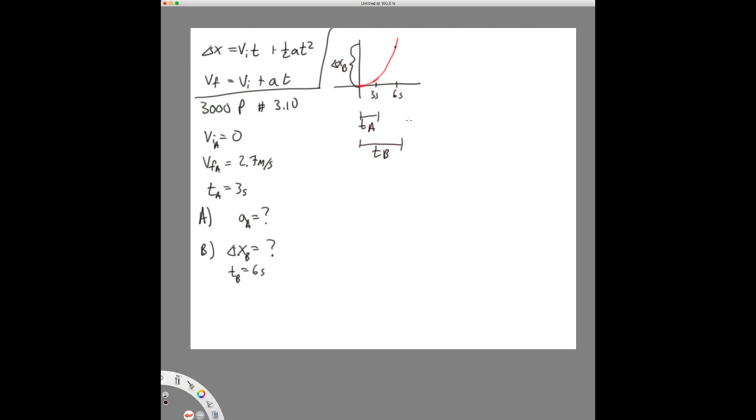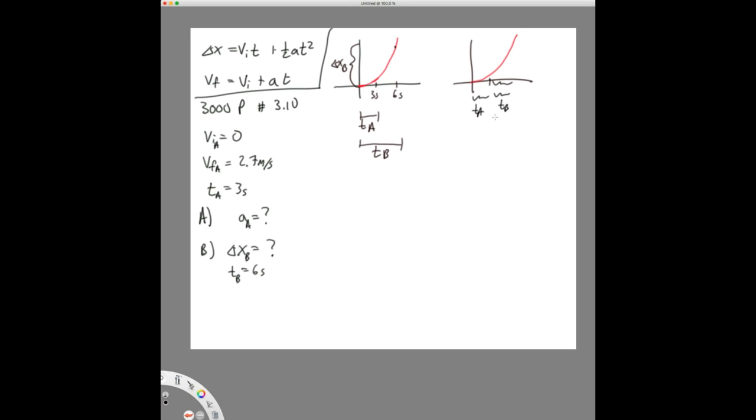When I looked at this problem, I thought of it this way, that TB would be the entire 6 seconds, but it's totally valid if we decide that this is TA and this is TB.